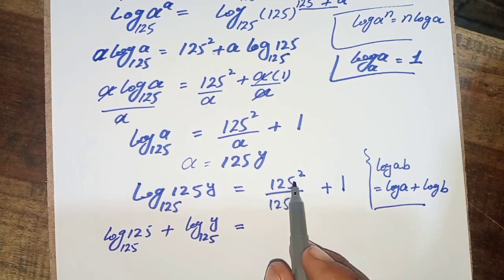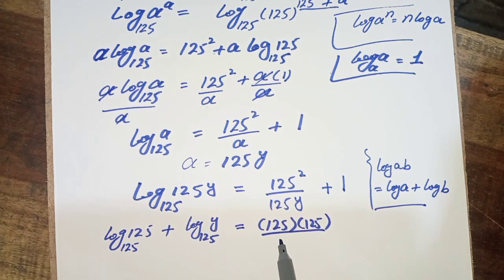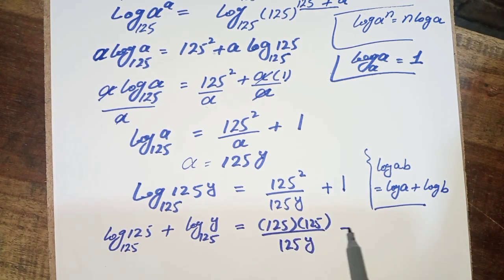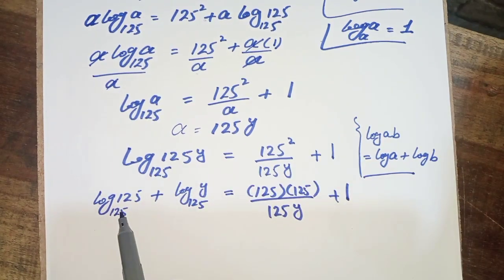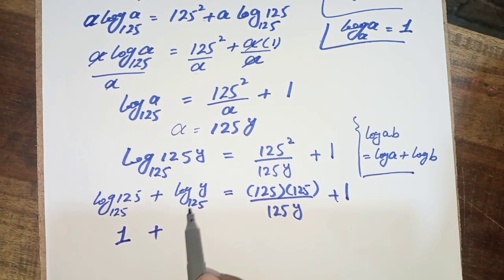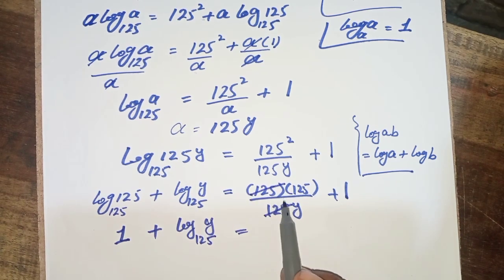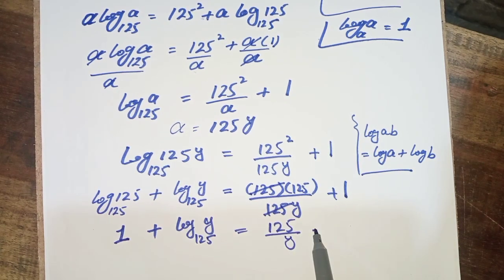Now this is 125 times 125 over 125y plus 1. Now we apply the logarithmic rule that the same base and same value gives 1. This becomes log base 125 of y, and this 125 will cancel this 125, and this becomes 125 over y plus 1.